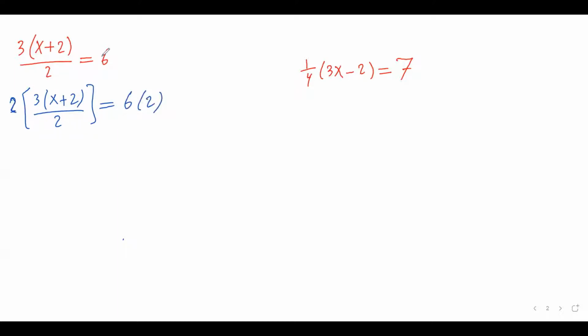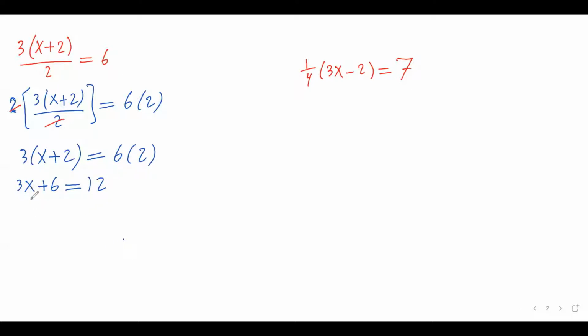This 2 and this 2 cancel each other out. So I have 3 bracket x plus 2 on the left side equals 6 times 2 on the right side. Now we have to distribute this 3 into the bracket. So 3 times x is 3x, 3 times 2 is positive 6. This is my left side. And on the right side of the equation, I have 6 times 2, which is 12.